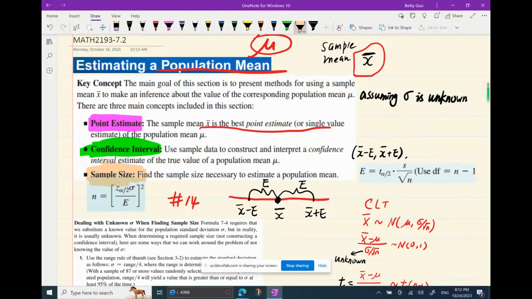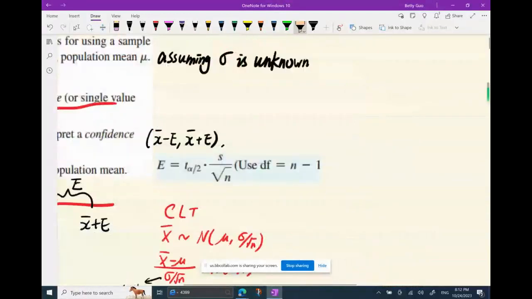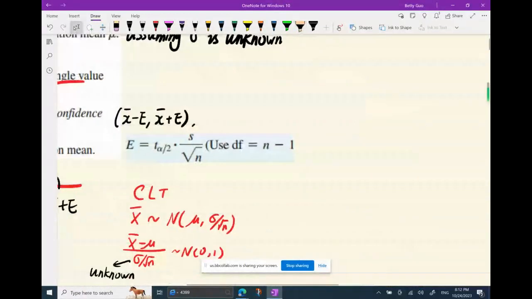Let's see, how do we construct a confidence interval for population mean mu? This is how. Formula-wise, x bar is the center, no problem.